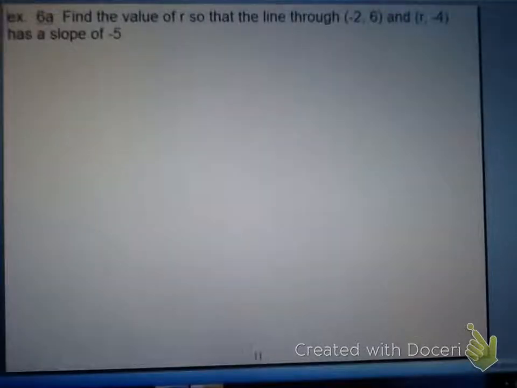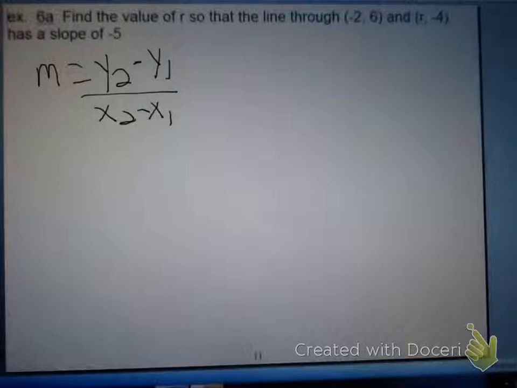Example 6a, find the value of r so that the line goes through (-2, 6) and (r, -4), and has a slope of negative 5. So once again, I'm going to write my formula down. Let's plug in what we know. M is negative 5. Because that's a fraction on the right side, I'm going to go ahead and put that negative 5 over 1.